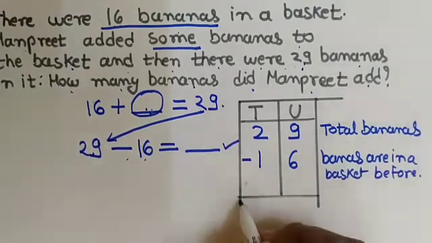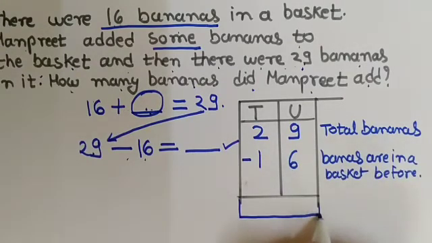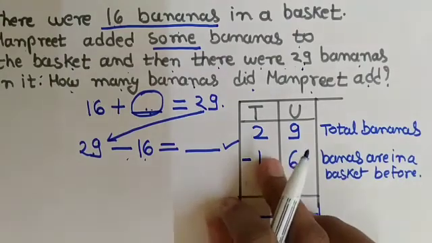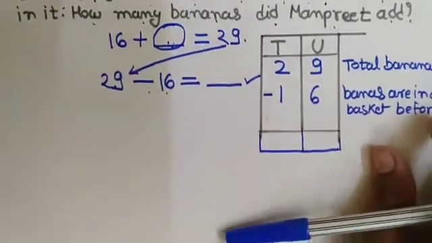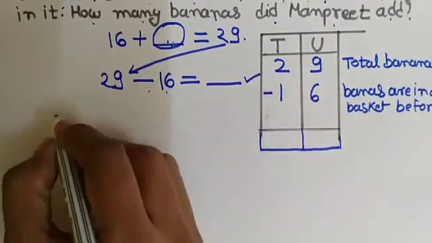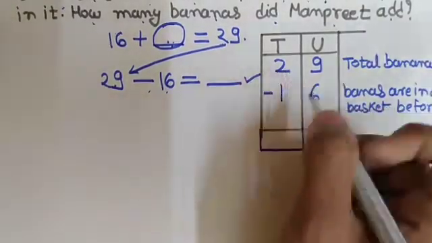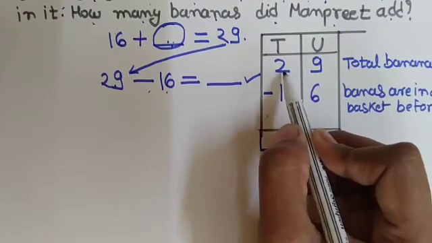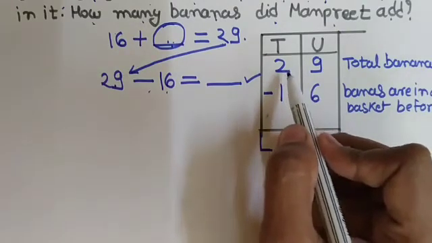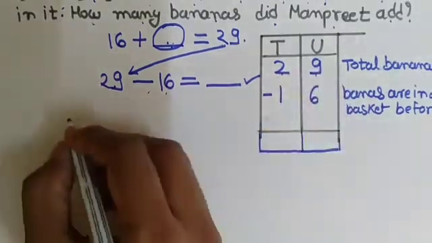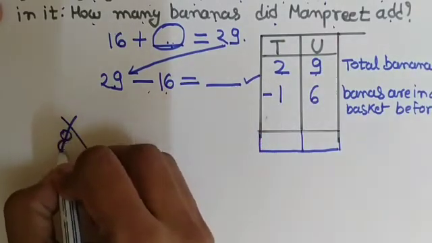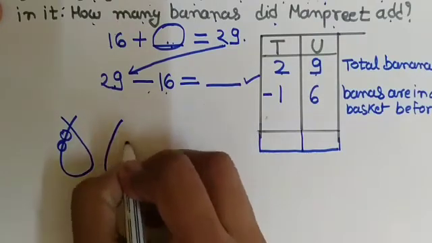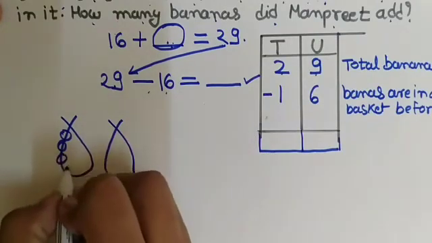Like this. Now we will subtract with the help of tens and unit because it is a bigger number. Here we will draw. First we have to draw the bigger number. Draw the tens and unit of the bigger number, that is 29. In 29 we have 2 tens, so we have to make 2 tens for 29.